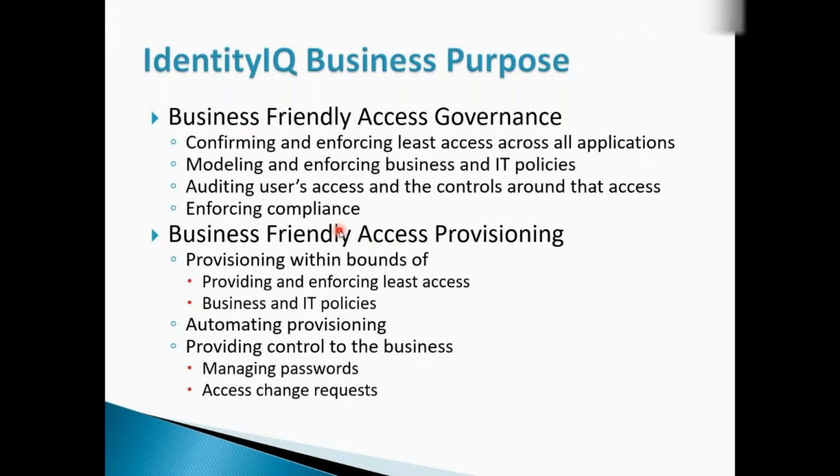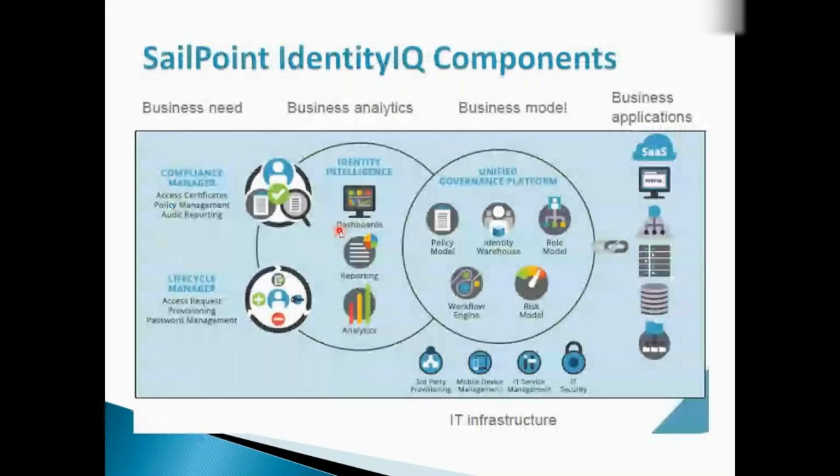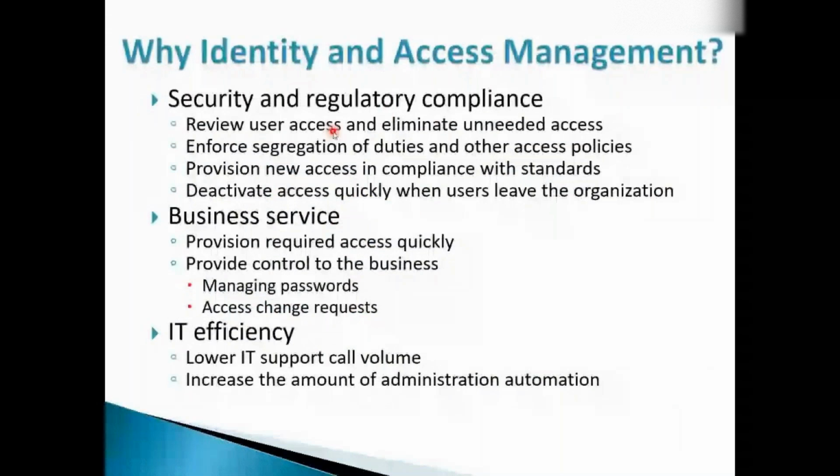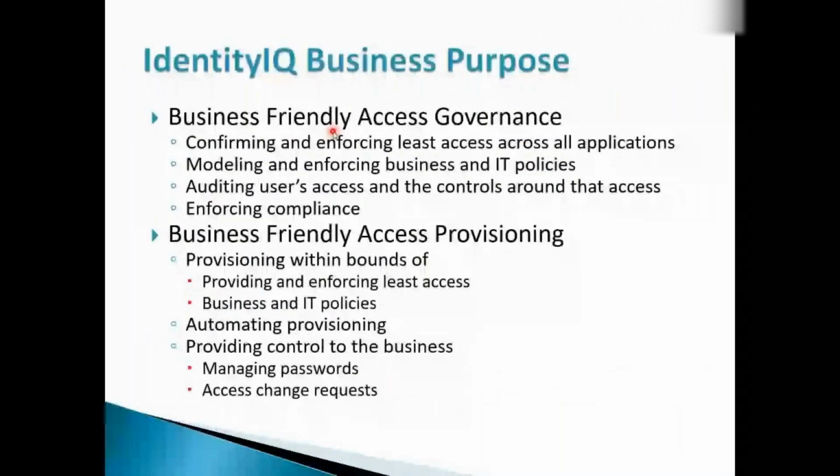So what exactly is the thing? If you have seen in the previous slide, this is security regulatory compliance. So we require compliance, right? To provide compliance functionality, we have a business friendly access governance system, where access is governed by this IGA, or basically the SailPoint IdentityIQ tool. How exactly can it be done?